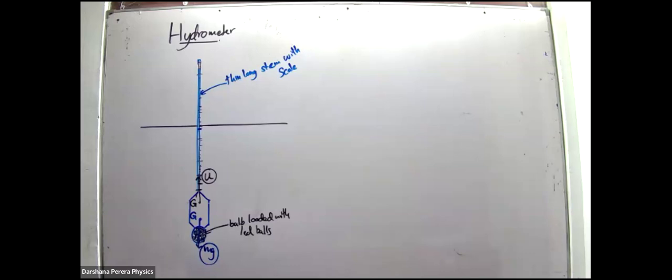The lower bulb loaded with the lead balls makes the hydrometer float in stable equilibrium.